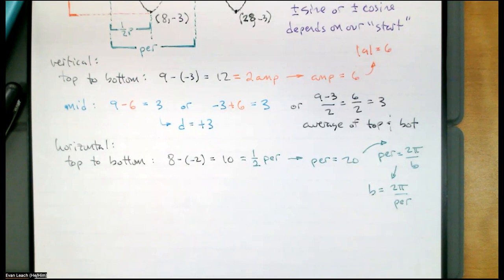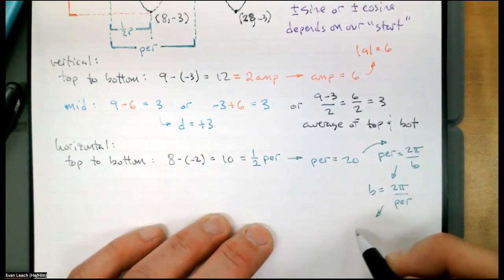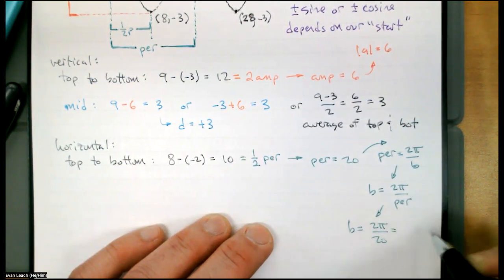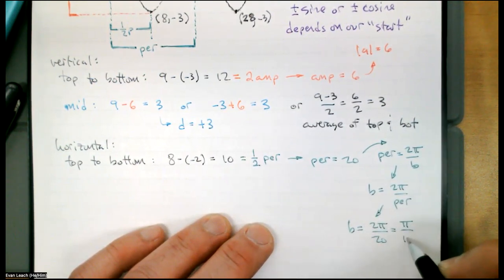So for this function, the number that's going to show up in the equation is 2 pi divided by 20, which will simplify to pi over 10.